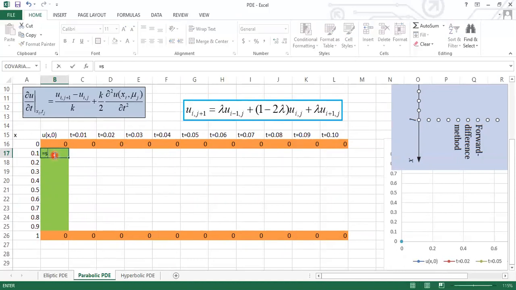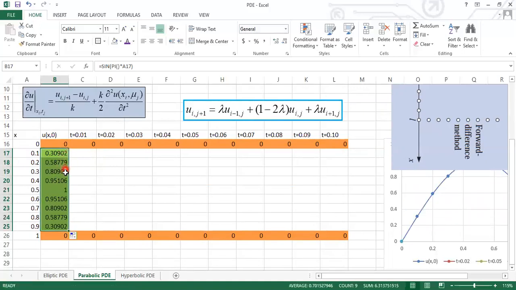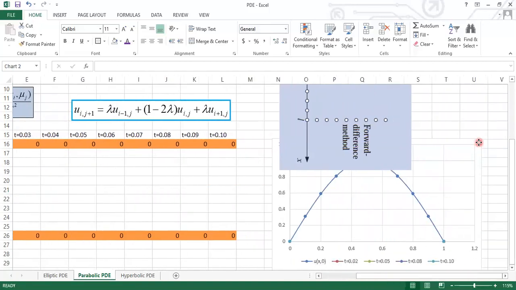I write here equal to sine of pi times x; in Microsoft Excel it should be written as pi with the parentheses and then x. So this value has been generated. This is from the initial condition. For all x values at t equal to 0, we have these values generated, and accordingly we have the figure generated.